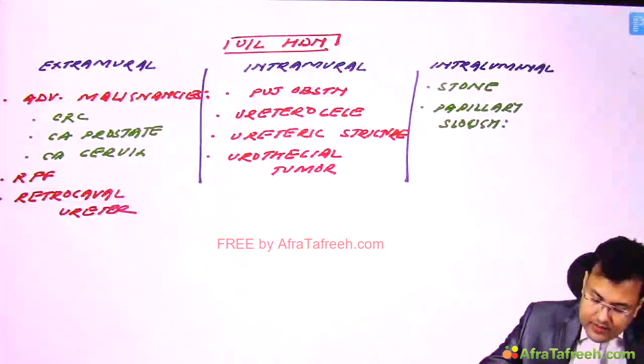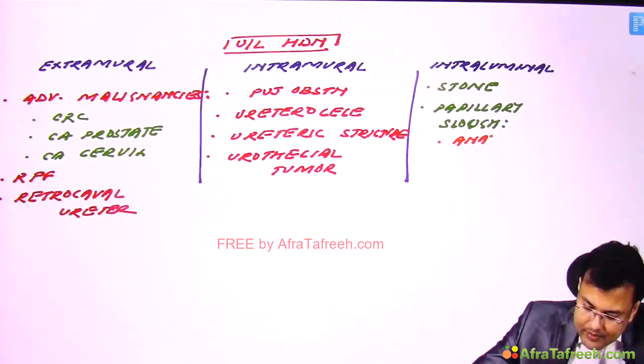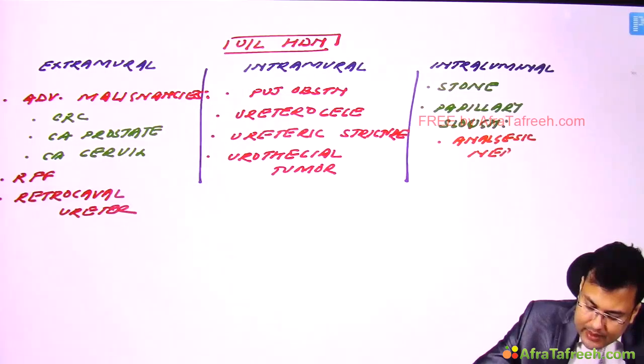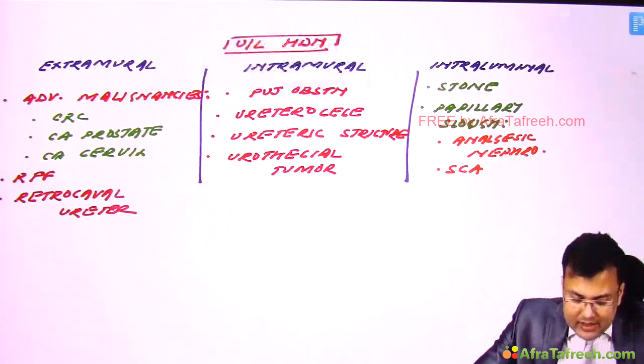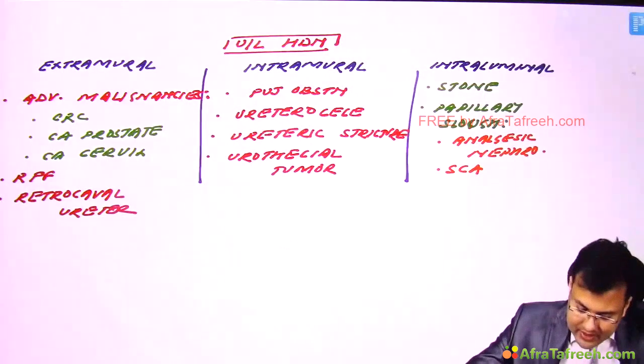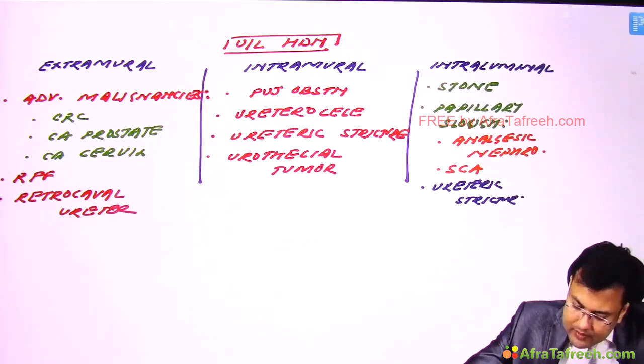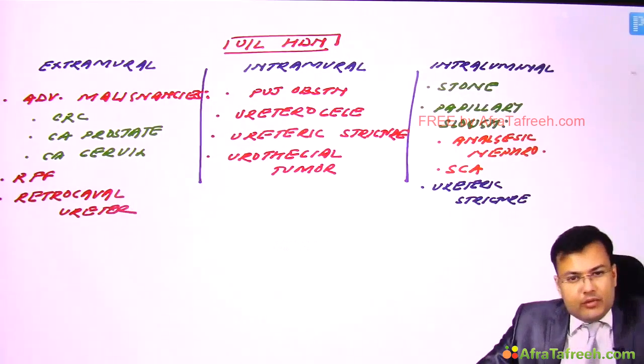And what else? There is ureteric stricture, so that can also lead to intraluminal obstruction. So all these are the causes of unilateral hydronephrosis.